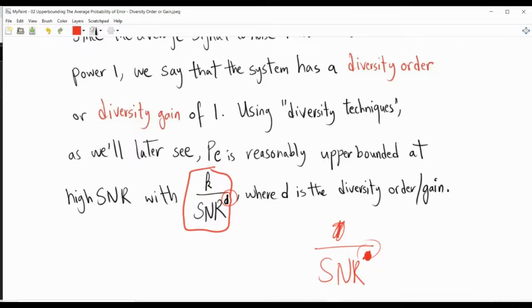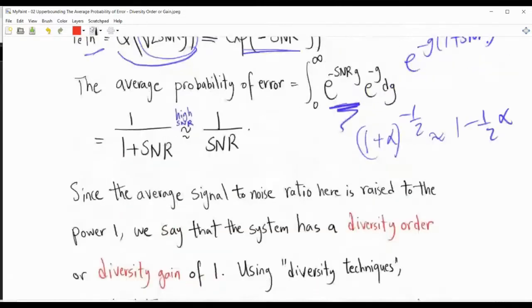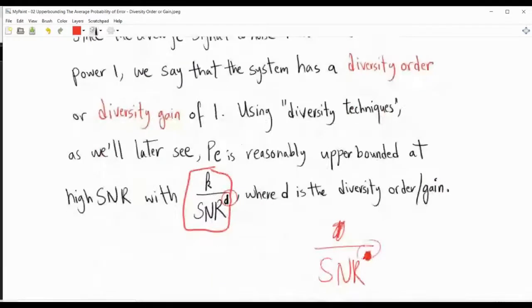So later in the course, there will be a chapter in which the objective is to take this 1 here and make it a higher number. And of course, there will be a cost. So we will try basically to raise this power via diversity techniques. Generally you will get the average probability of error as a constant over SNR to the D, and D is the diversity order or diversity gain.